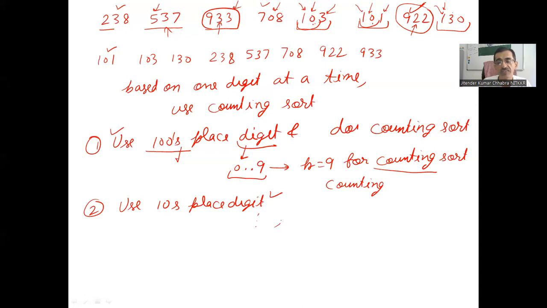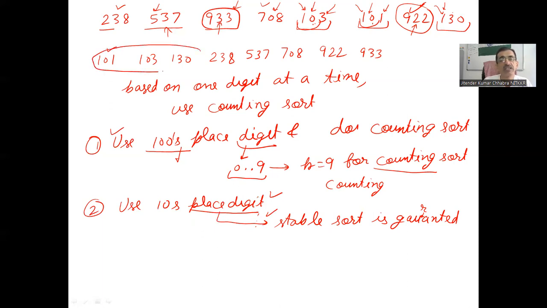Now, in this case, the concept of a stable sort helps me. Stable sort is guaranteed. So if the values were already sorted at hundreds place and they were the same, their relative ordering will still be maintained. So if all values with 100, 101, 103, and 130 came together in some order, that order will never change.